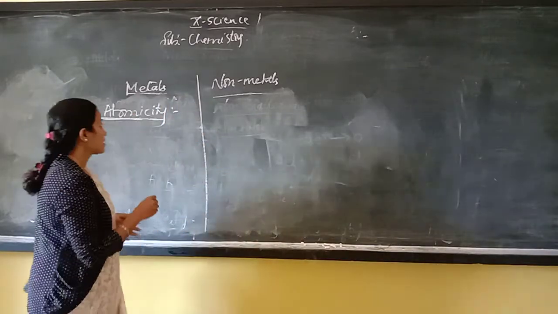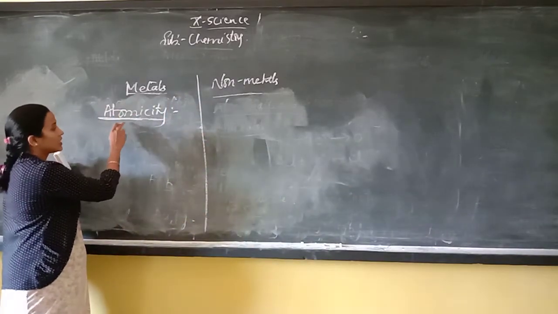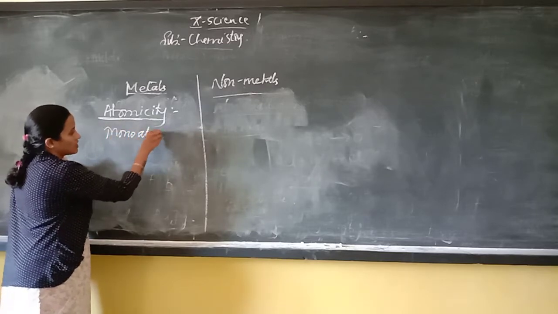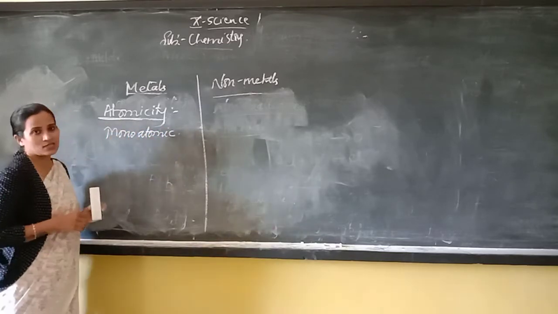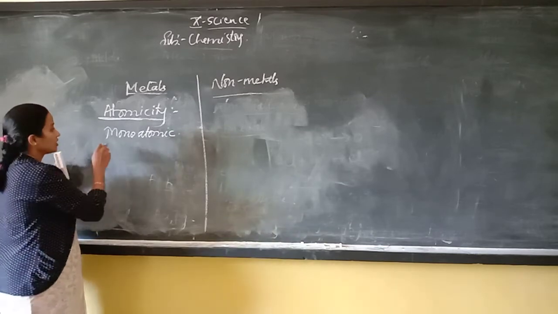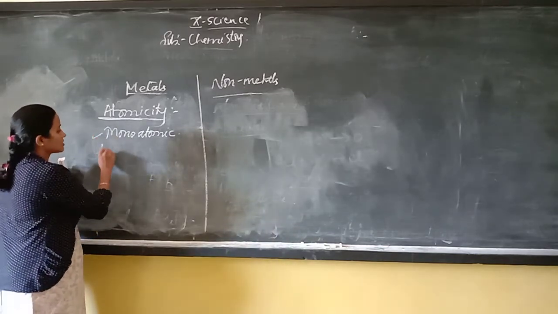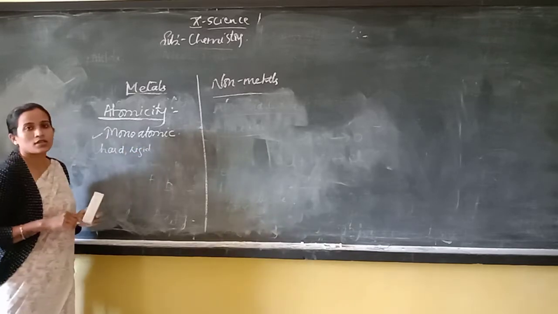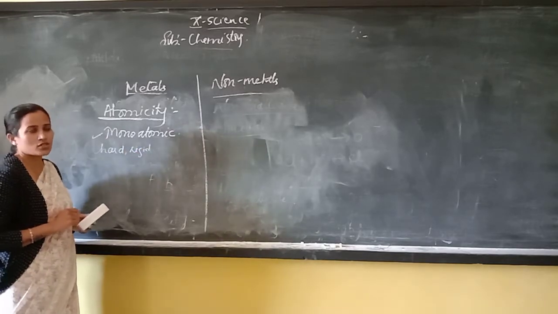Likewise, all the metals have atomicity that is monoatomic, meaning one kind of atom takes place. This gives the hardness or rigidity to the metals. Understood, children?